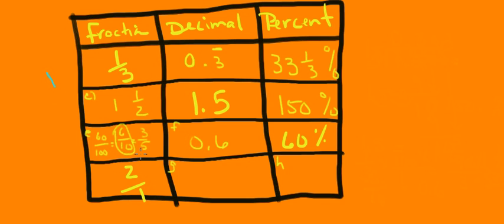So let's look at G. G, we have the fraction 2 over 1, and we need to make that a decimal. So how do we do that? Yeah, we just divide, right? And so when we divide, what's our answer?